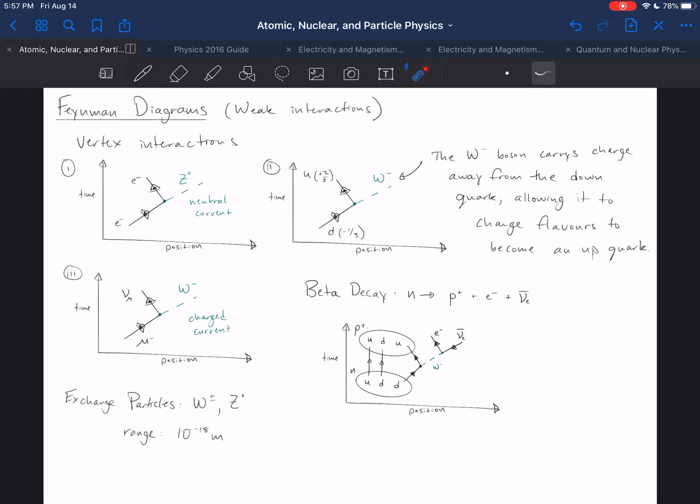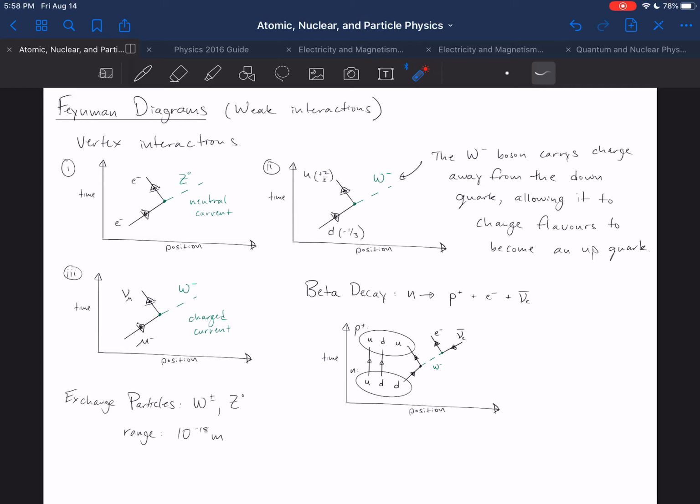So it happens to be becoming an up quark here, and we can see that the up quark with its plus 2/3 charge is plus 2/3 plus minus 1, giving minus 1/3 charge after the particle has interacted. Notice that the baryon number stays the same as well. So the baryon number is plus 1/3 before the interaction and plus 1/3 after the interaction. Notice that the W- boson has a baryon number of 0.